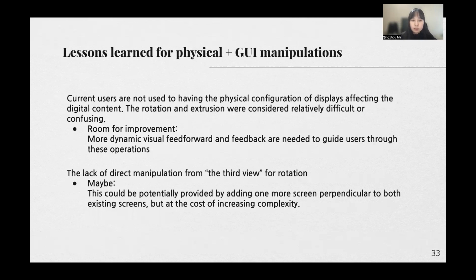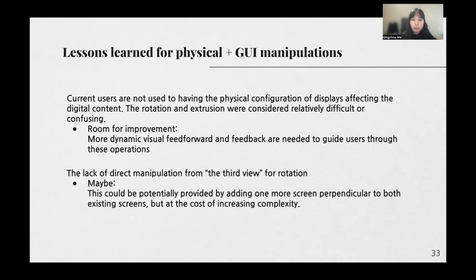And thirdly, current users are not used to having the physical configuration of displays affecting the digital content. So the rotation and extrusion were considered relatively difficult or confusing. So here is some room for improvement. There can be more dynamic visual feedforward and feedback to guide users through those operations.